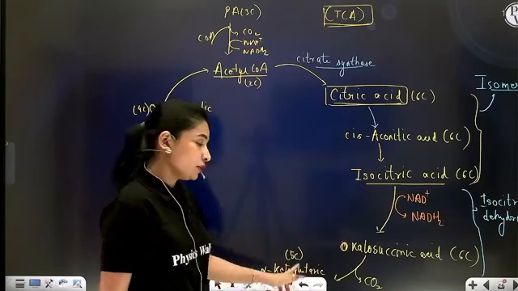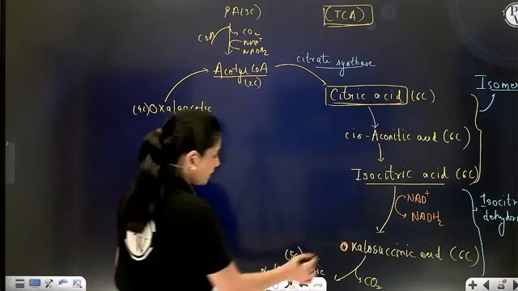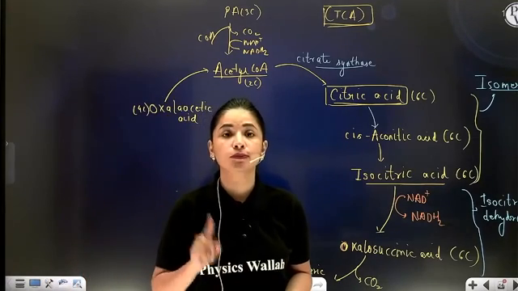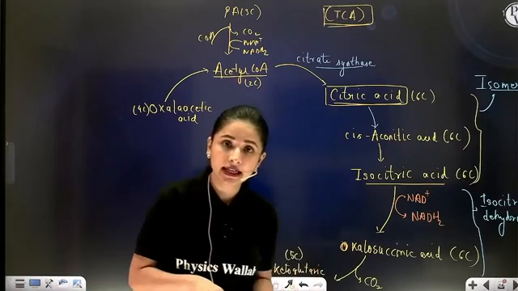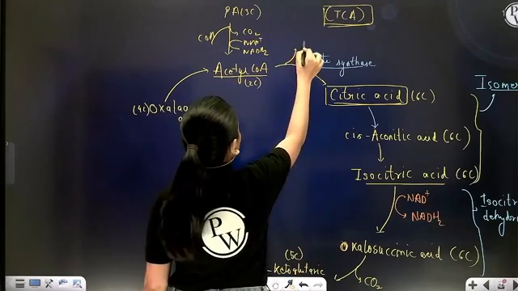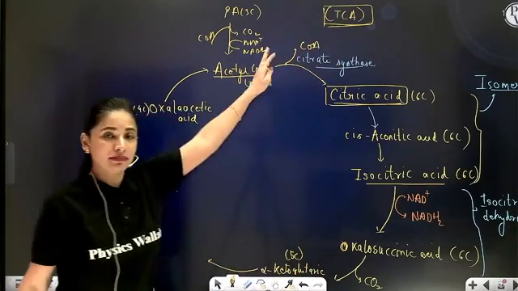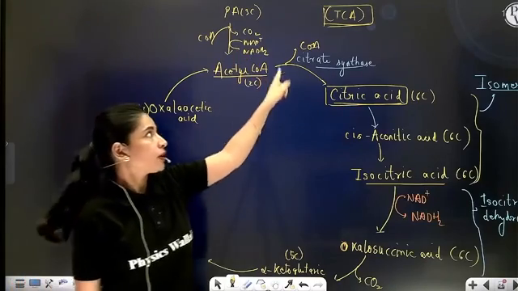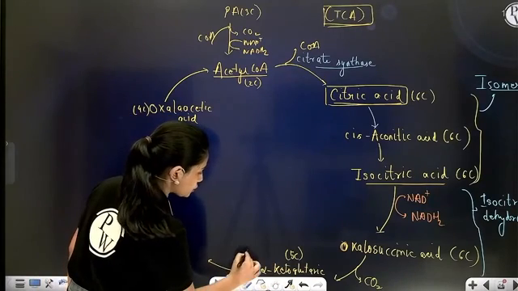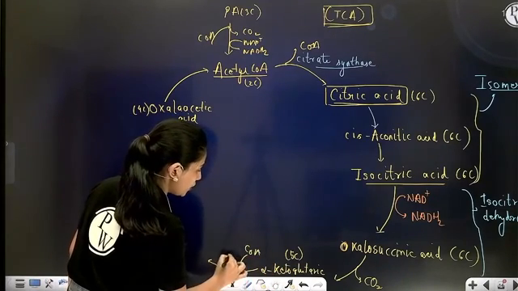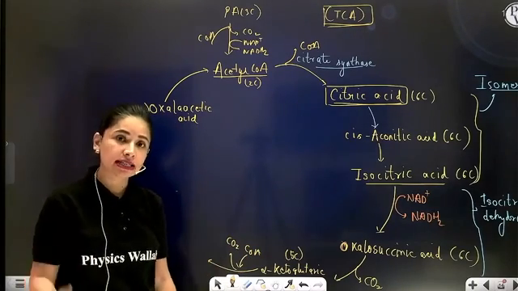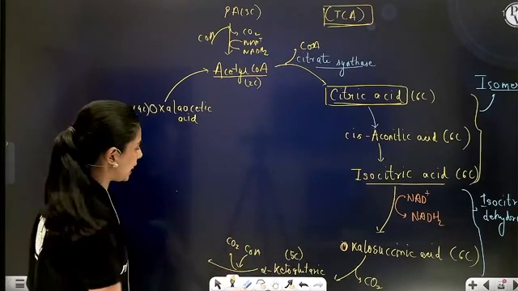Now you are having the 5-carbon alpha ketoglutaric acid. This will again undergo oxidative decarboxylation, that means removal of CO2, production of NADH2, plus there will be addition of coenzyme A. See, here one coenzyme A was removed. Now the same coenzyme A which was removed in the first step will come and get attached to this compound. So first addition of coenzyme A, removal of CO2, plus reduction of NAD positive, or you can say oxidation of alpha ketoglutaric acid.